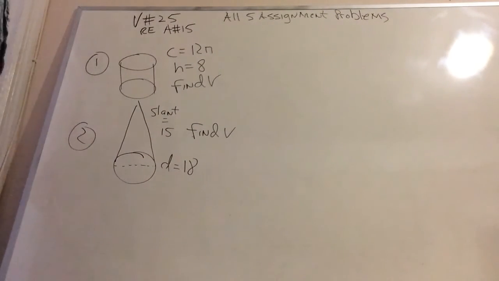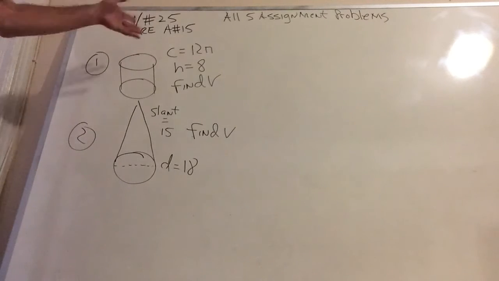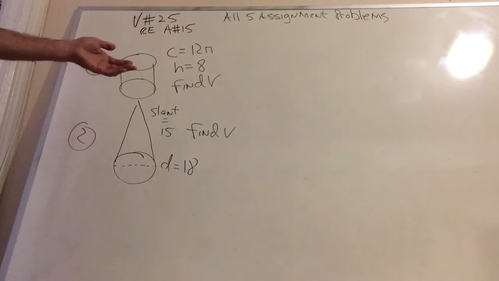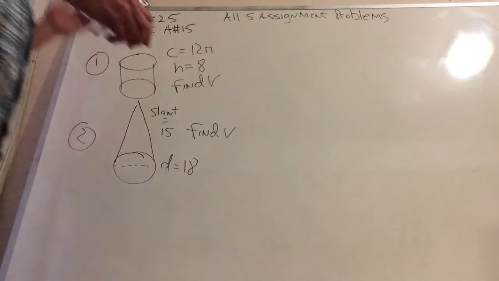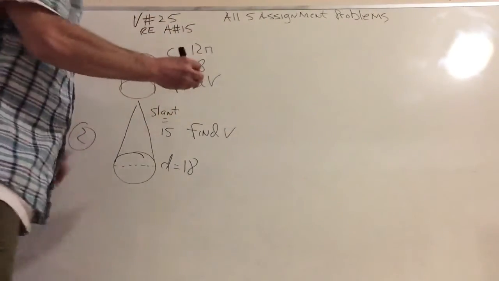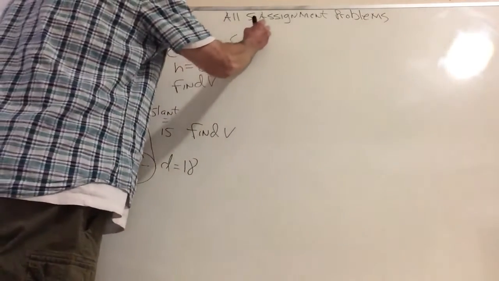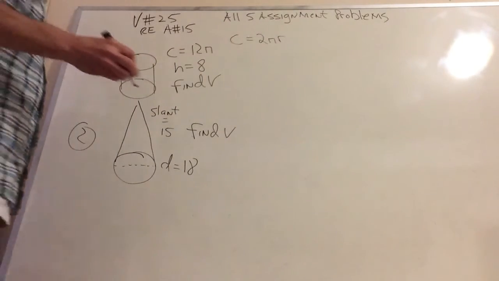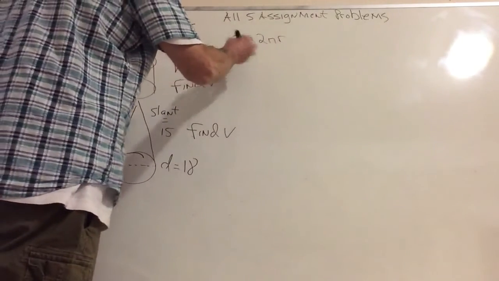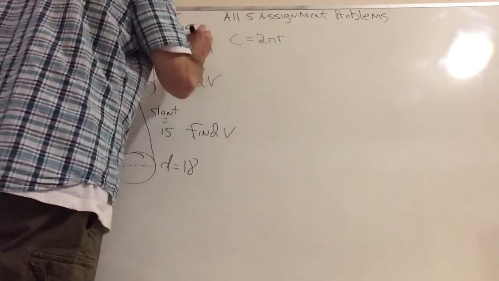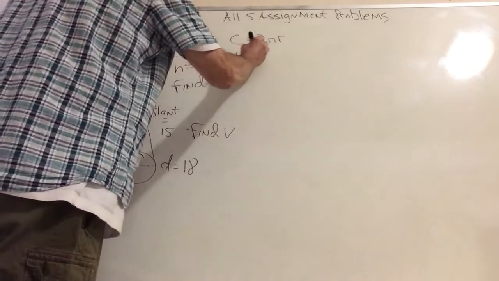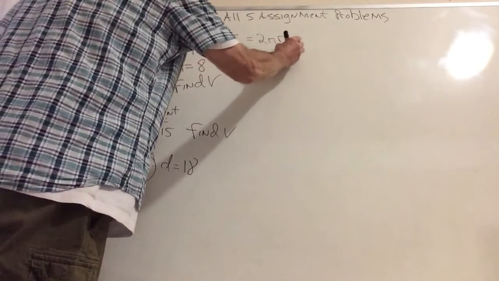Okay, so we do the first one, and what's different about this? Well, they don't give you the radius, they give you what? The circumference. But you know, and I'll show you again, that c equals 2 pi r. You're supposed to know that from 6th grade, even earlier. So that means that if c equals 2 pi r and c equals 12 pi, then 12 pi equals 2 pi r.